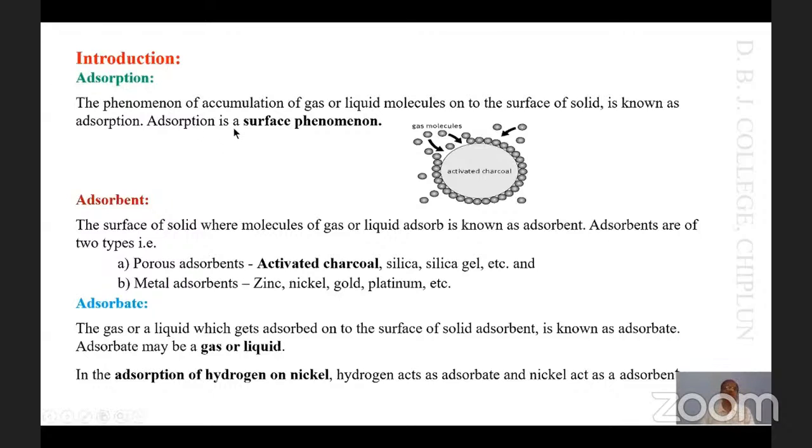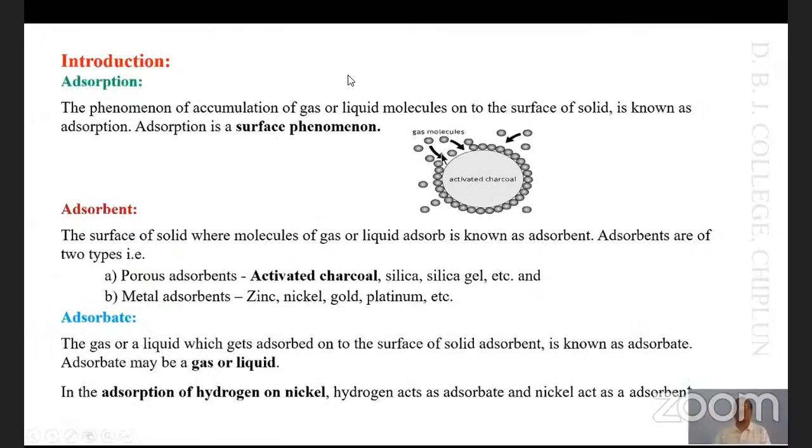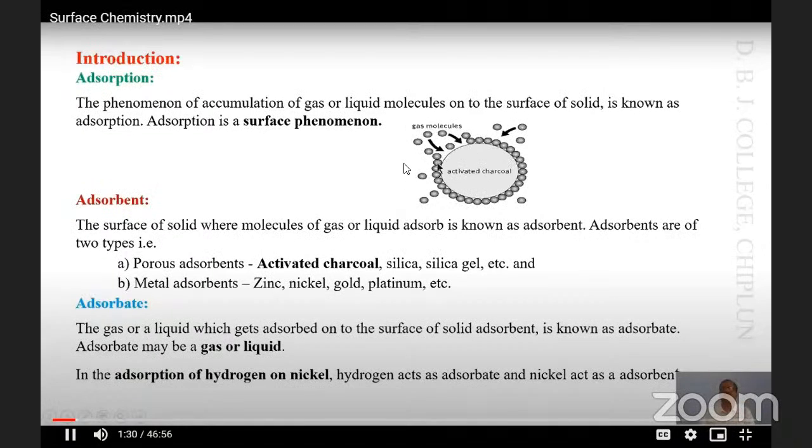See, this phenomenon of accumulation of gas or liquid molecules onto the surface of a solid is known as adsorption. Adsorption is a surface phenomenon because in adsorption the molecules of a gas or a liquid get collected only onto the surface of a solid.